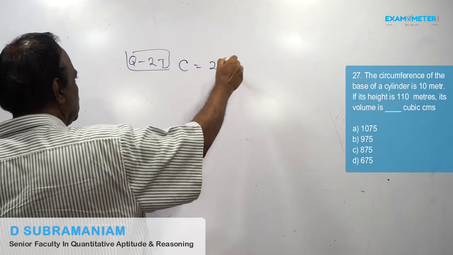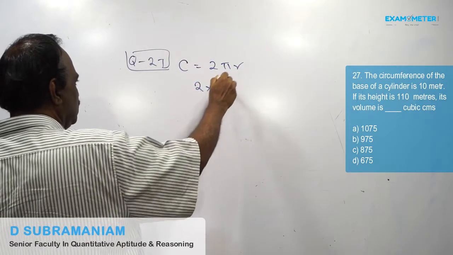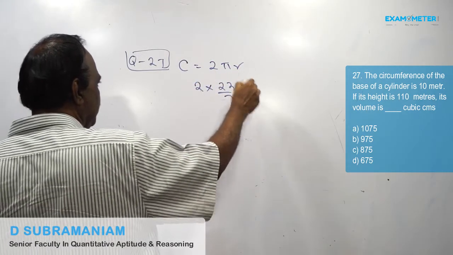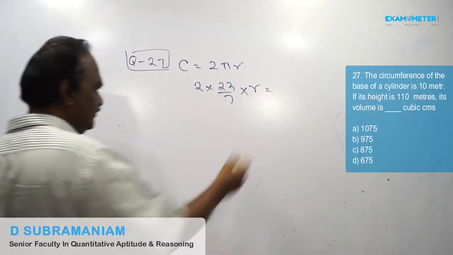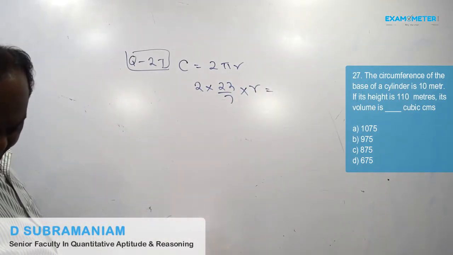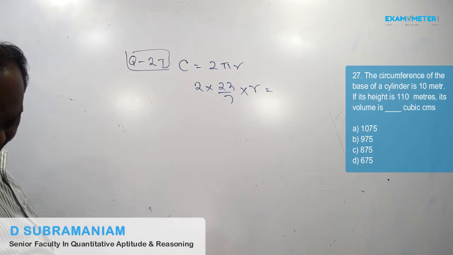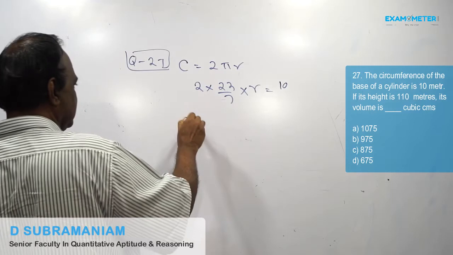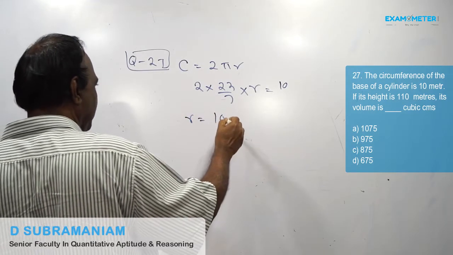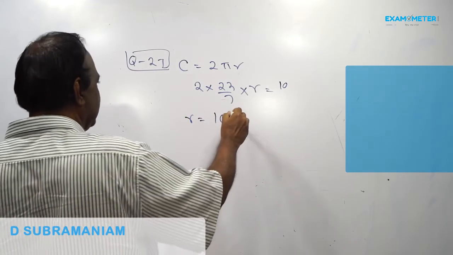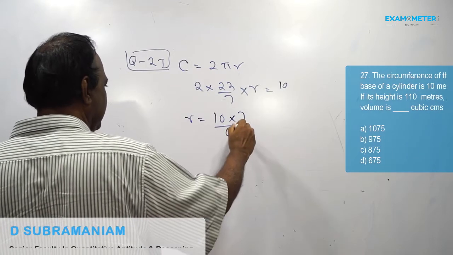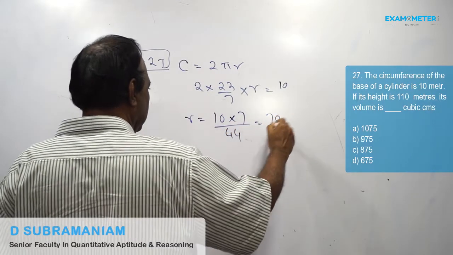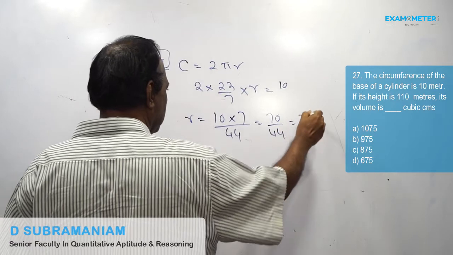Circumference is equal to 2 pi r, 2 into pi value into r. This is given as 10 meters. So r is equal to 10 into 7 by 44. That is 70 by 44.